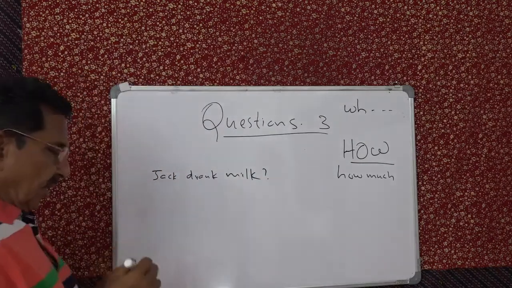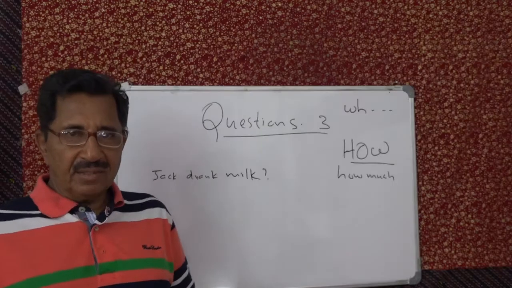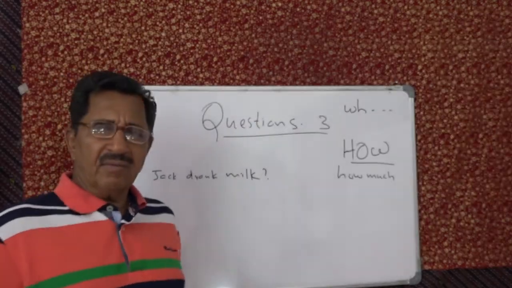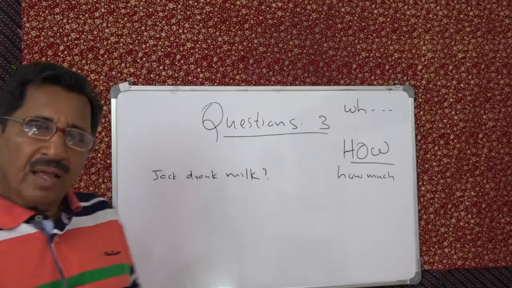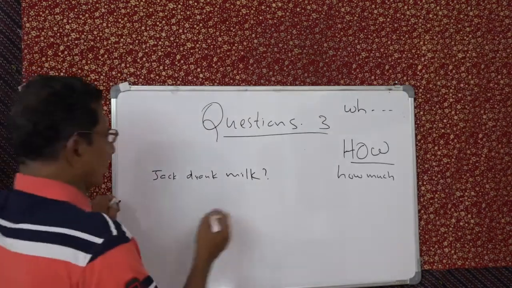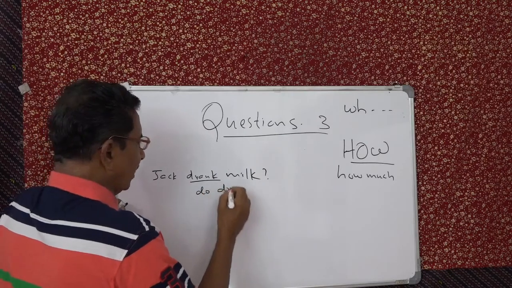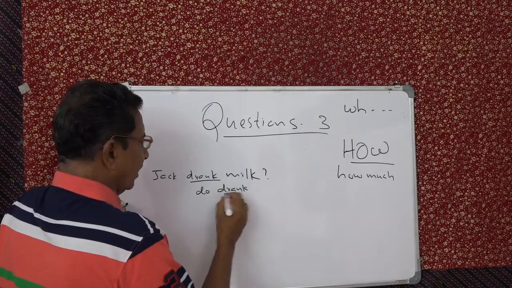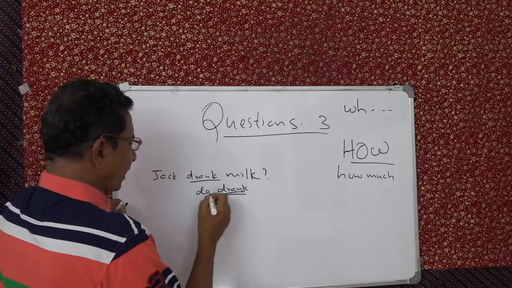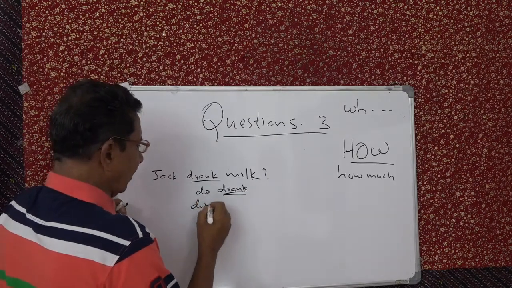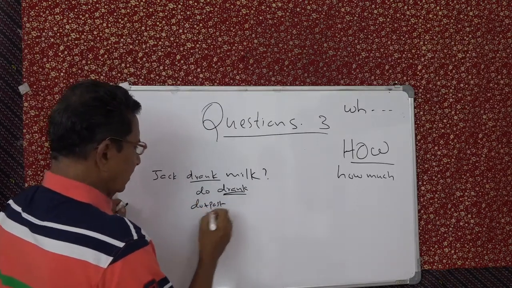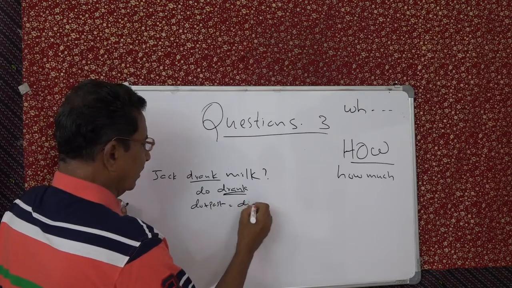You want to know how much he drank. Somebody comes and says, Jack drank milk. Then what will you do? You can ask like this. Drank: do plus the past tense. The past is added here. Do plus past is equal to did.